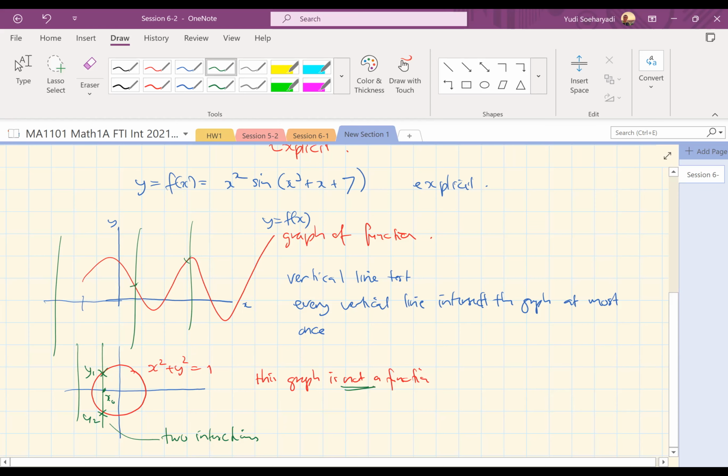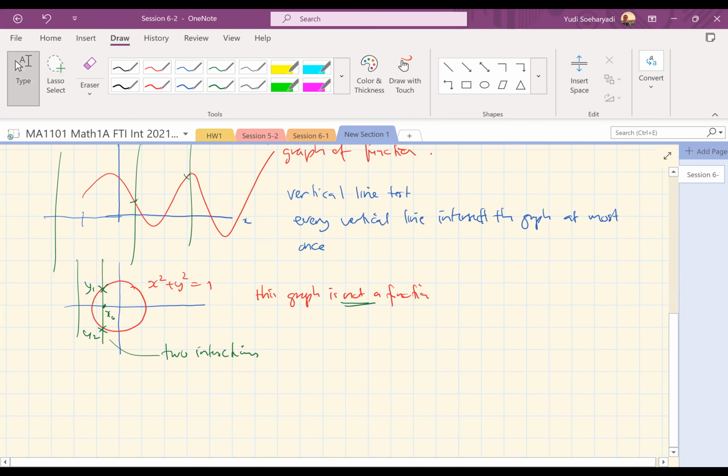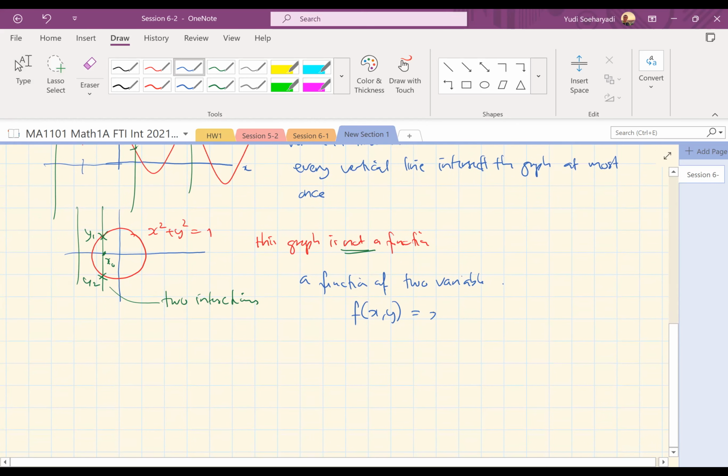So what we say is implicit is that this is a graph of a function of two variables. So it's f(x, y).